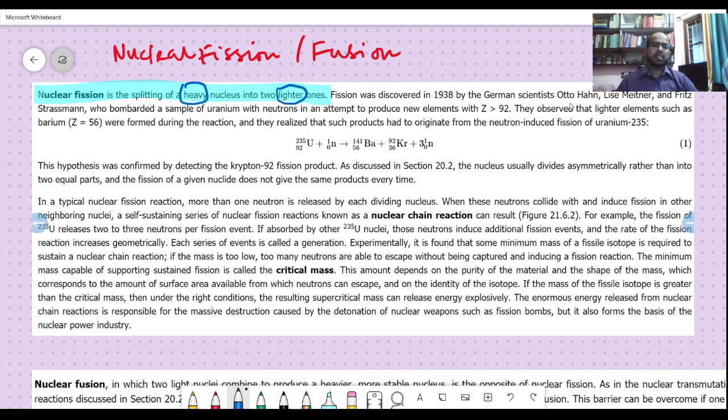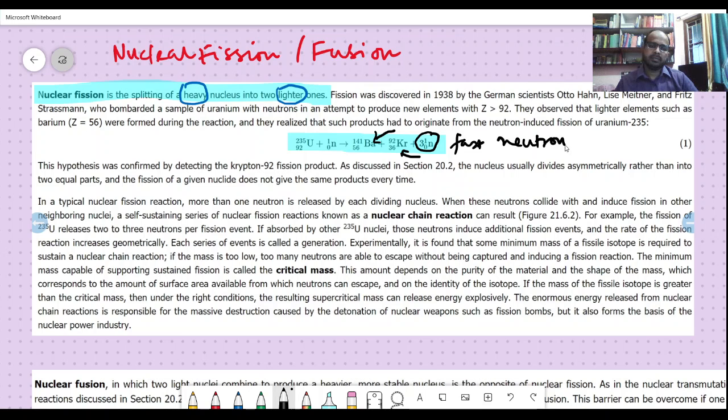It was discovered by scientists, and you can see the reaction: U-235 being bombarded by a fast-moving neutron gives you barium and krypton, plus some more fast neutrons.